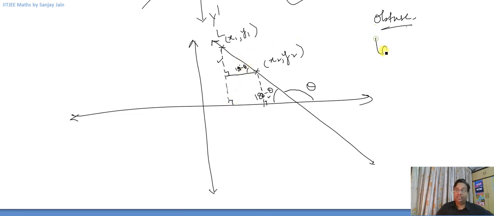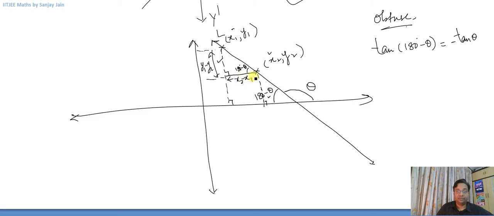Now we know that tan of 180 minus theta is minus tan theta, right? This is what we know, and we also know these lengths. This length here is y1 minus y2, and this side length is x2 minus x1.